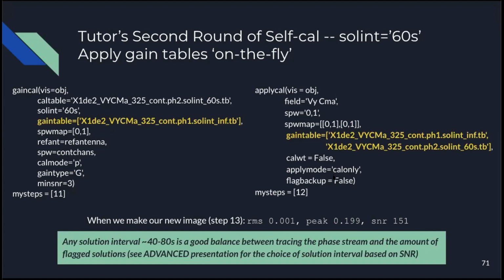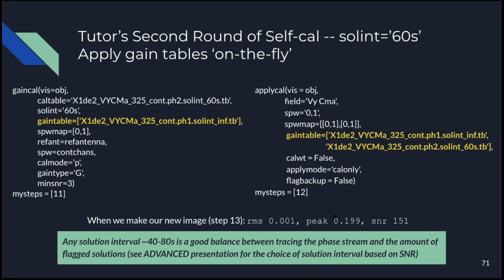Then in step 12, to be consistent with the way we calculated the 60-second table, we apply the two tables consecutively, also consistently with the spectral window mapping. Finally, in step 13, we do our last image of this tutorial, and as you can see, we have a very significant improvement of the signal to noise.